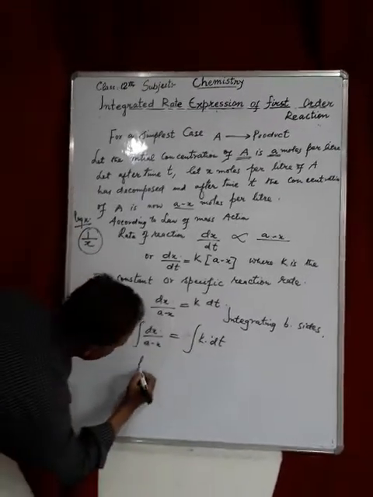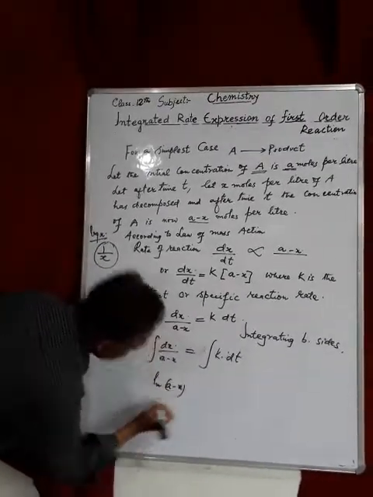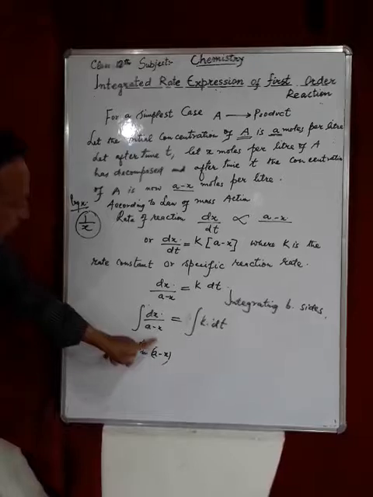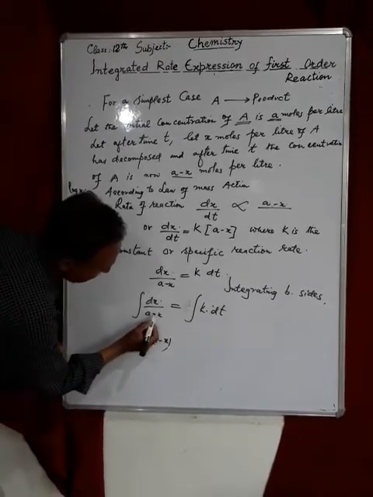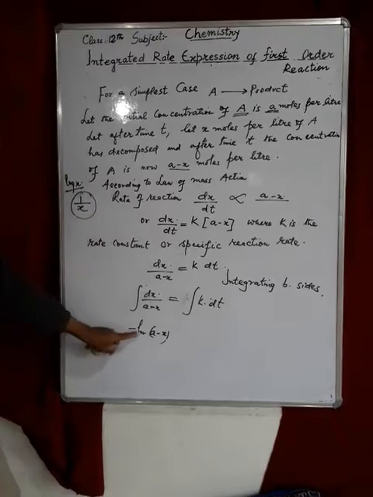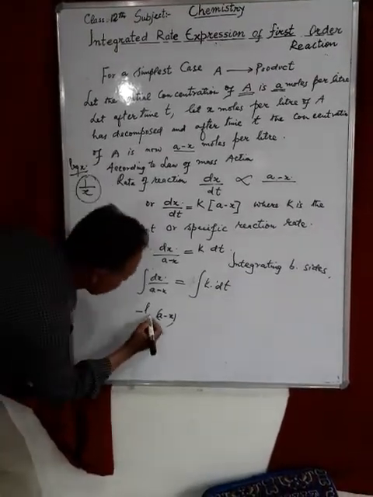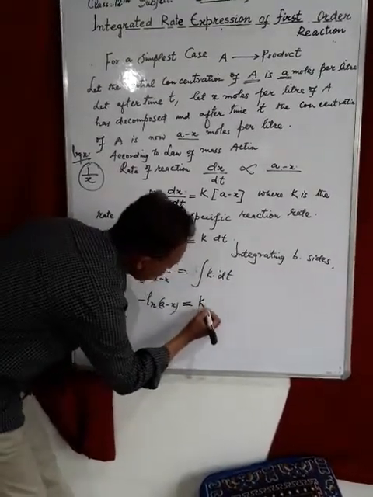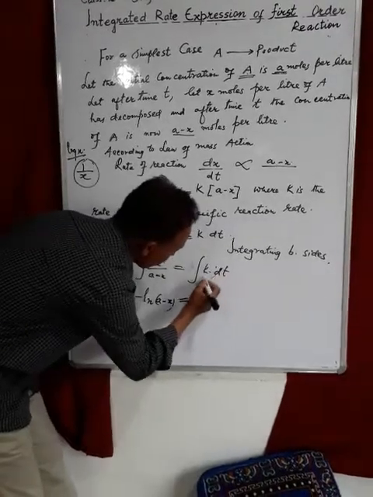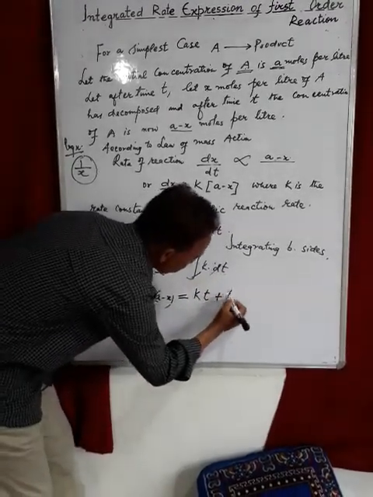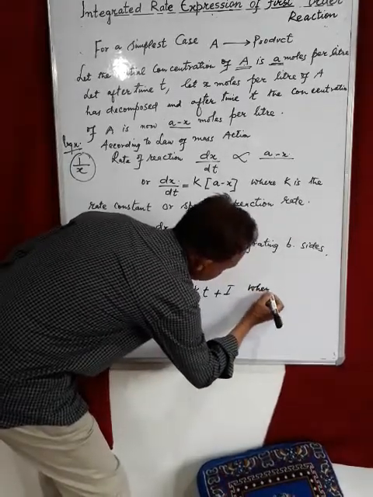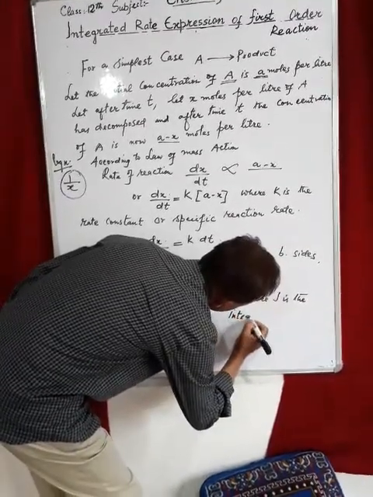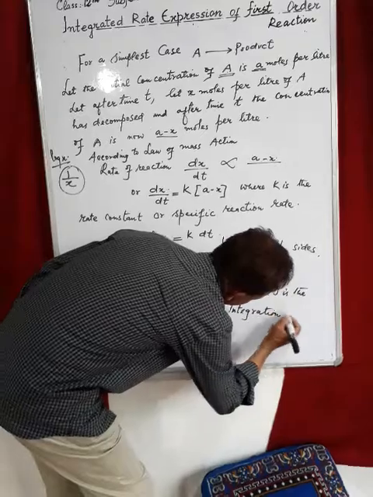Similarly, this is the log natural of a minus x. Had it been a plus x, then log natural a plus x, but it is minus x, so the minus sign of x comes here. So log n means log natural. Minus log natural a minus x is equal to kt plus I, where I is the integration constant.